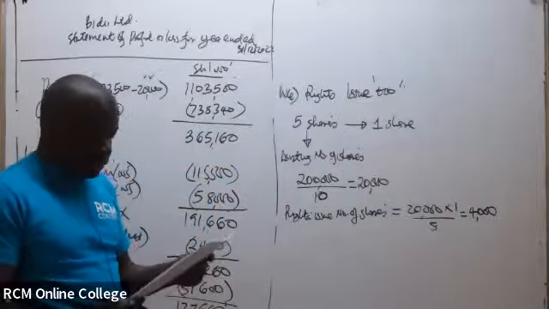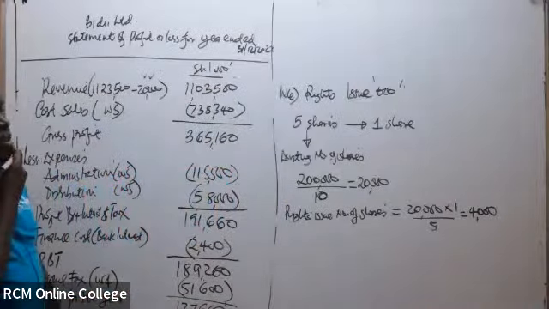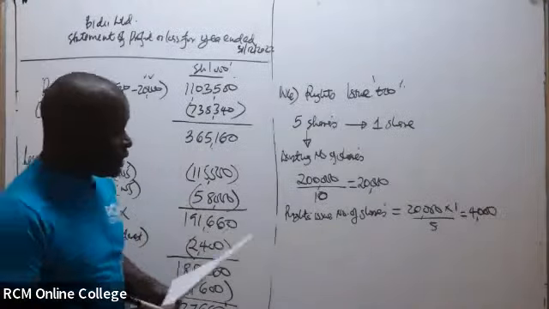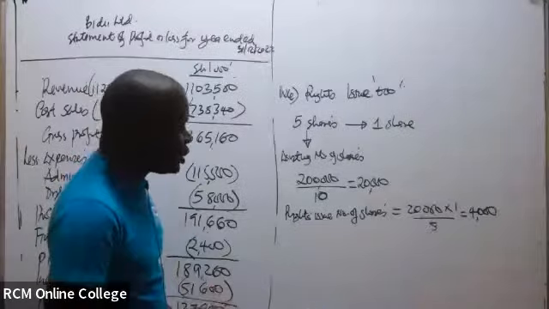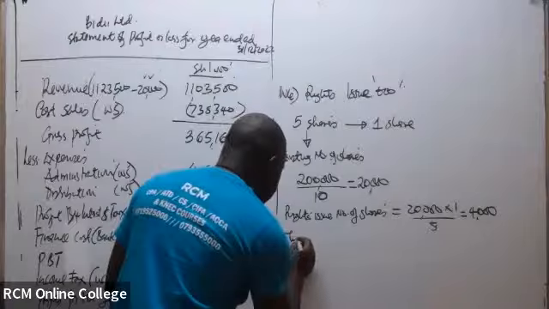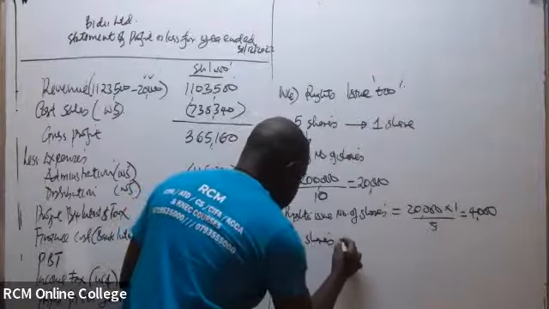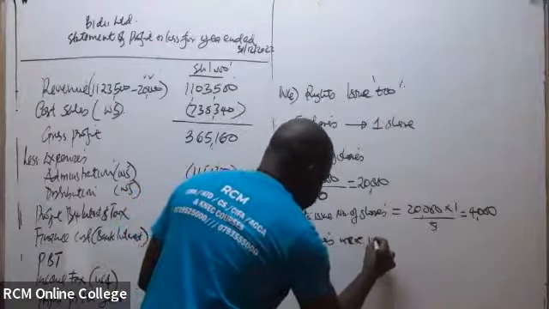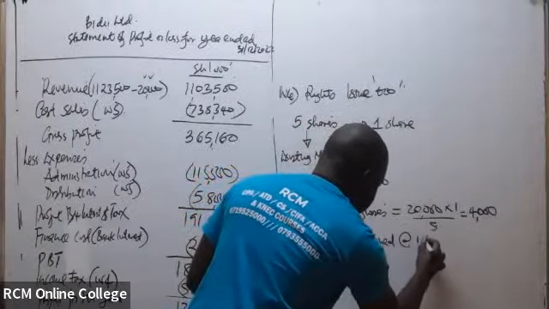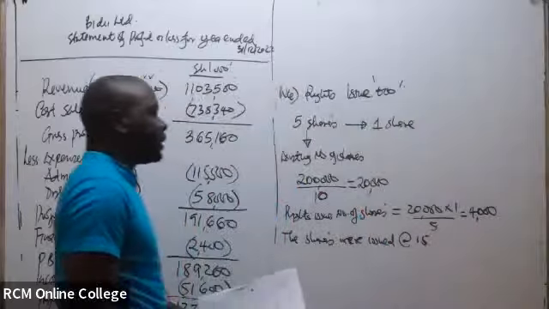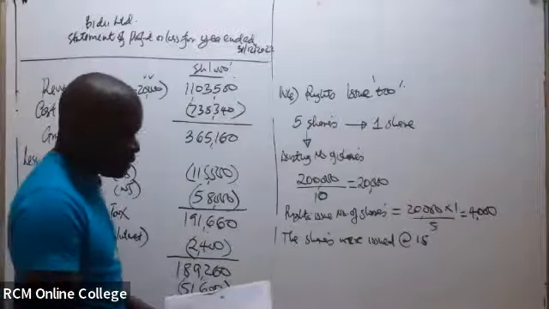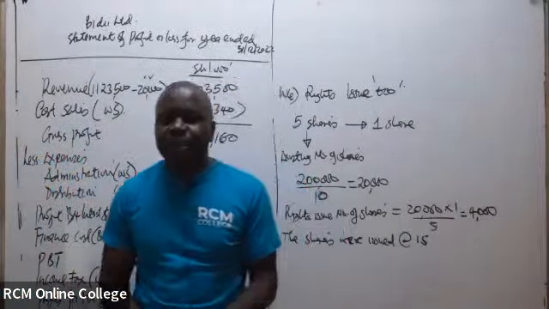Then we are told that they issued these shares at a price of 15 shillings each. But remember, the par value or face value of the shares was 10 shillings.